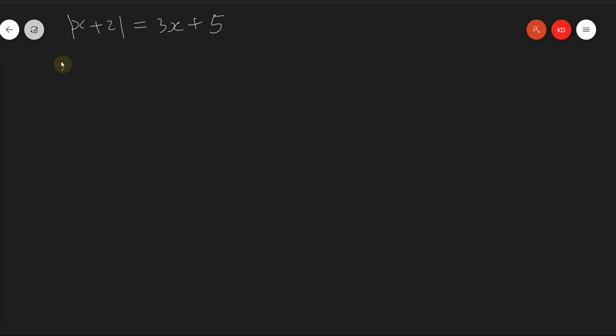So squaring both sides and solving for x would still give you the solution.